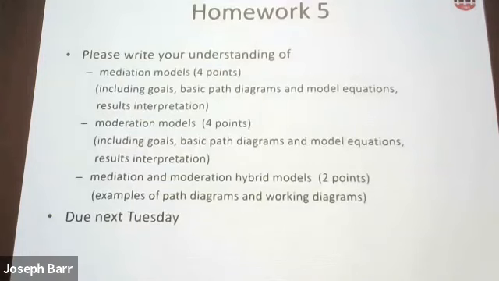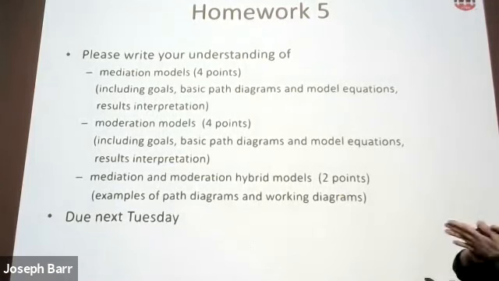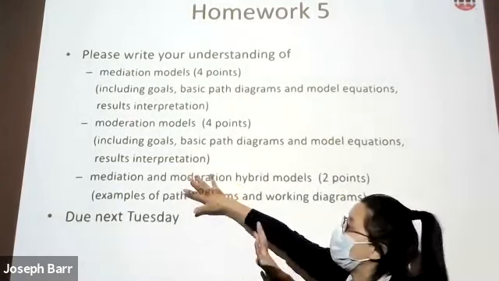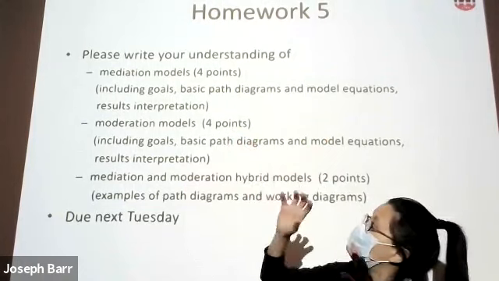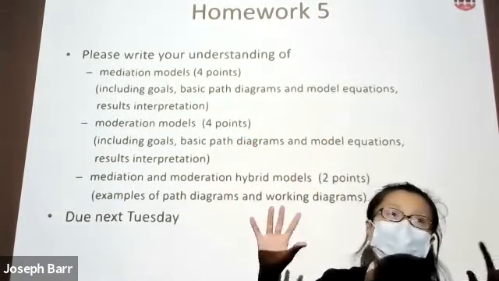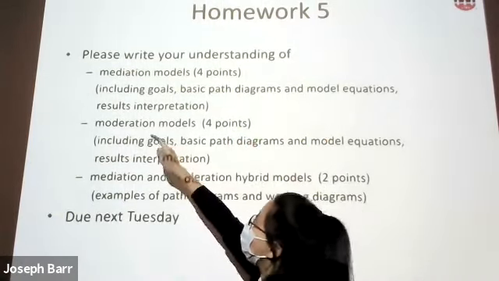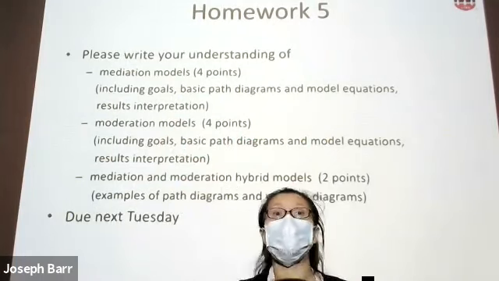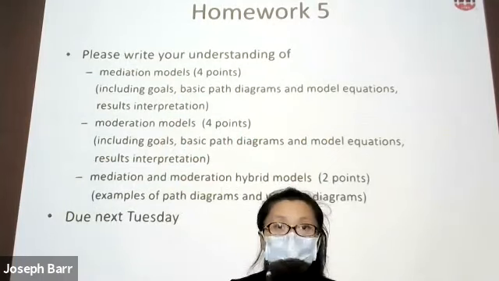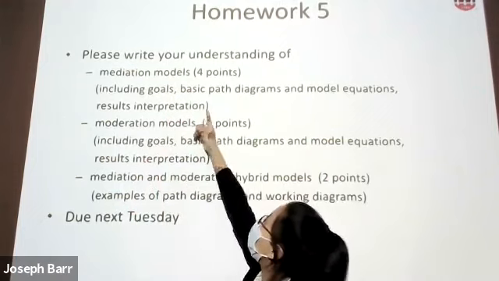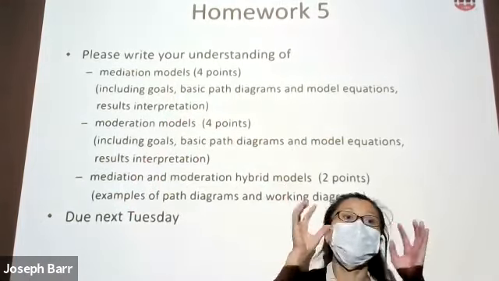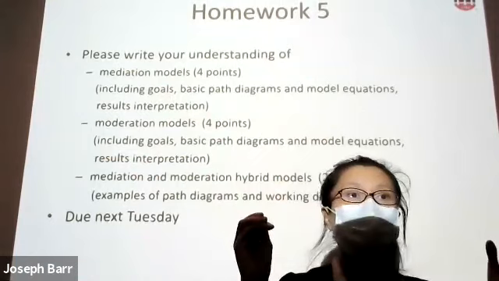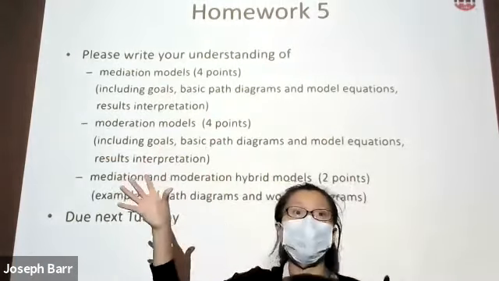Then you will have homework 5. Okay, homework 5 is very simple. Mediation model. We covered the mediation, moderation, and hybrids. For the mediation model, just write your understanding of this part, including the goals. Why do we have to investigate the mediation model? What's the goal? Okay, and the basic path diagram. You can use a 3 variable version because mediation could be really, really complicated.